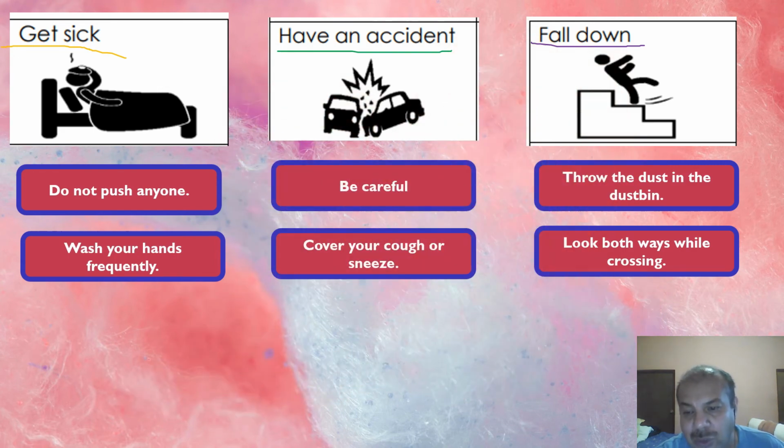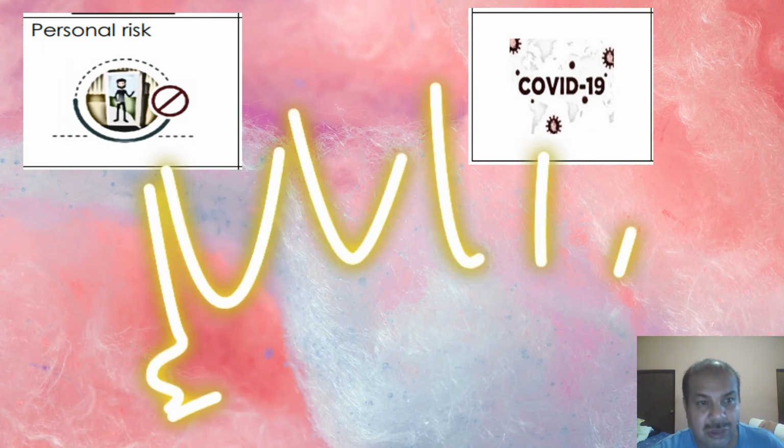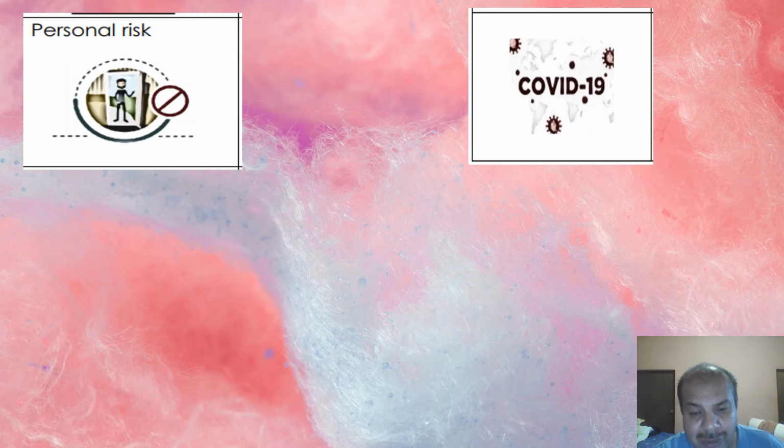Alright, let's continue with the next part. Here now we have the last two images. So the first one, it says personal risk. How can we prevent to be on a personal risk?